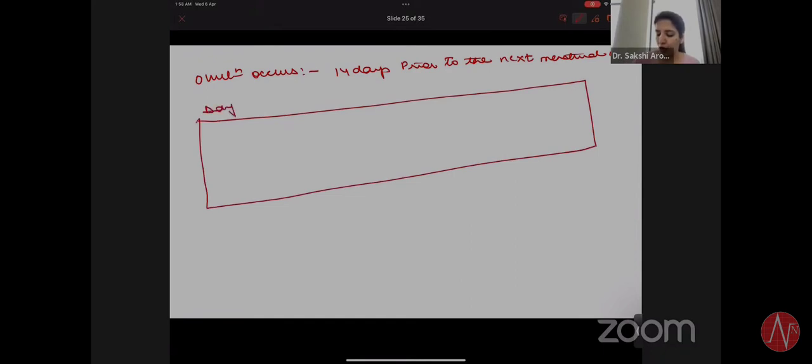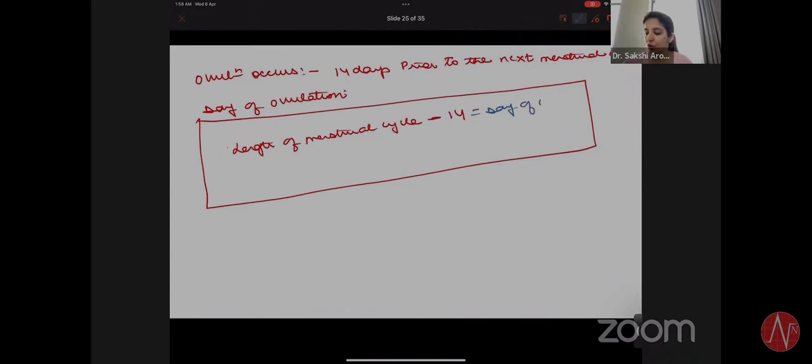If you are asked to calculate the day of ovulation, what you are going to do is, from the length of the menstrual cycle, you will subtract 14 and you will get the day of ovulation. Many times this question has been asked in all entrance exams.